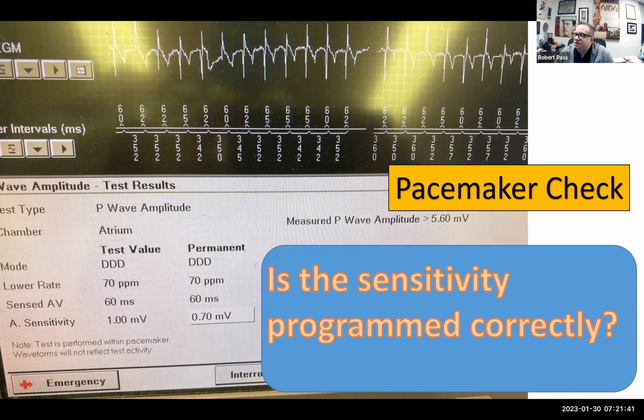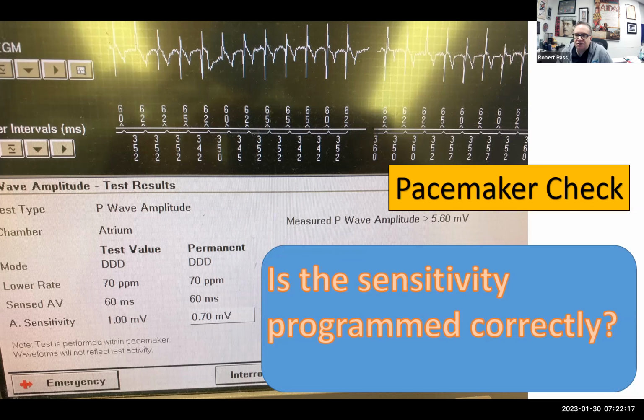So this is the electrogram on the pacemaker check, an atrial electrogram, and I have measured the P wave, and it is greater than 5.6 millivolts, and the permanent programming is 0.7 millivolts. So the question is, based on this, is this programmed right, do you think?